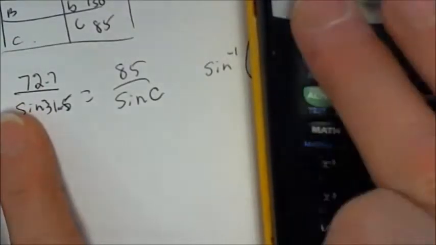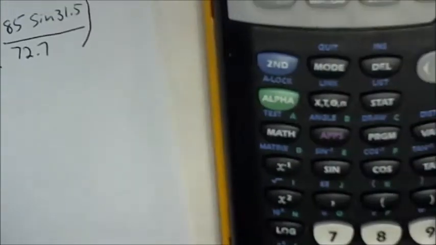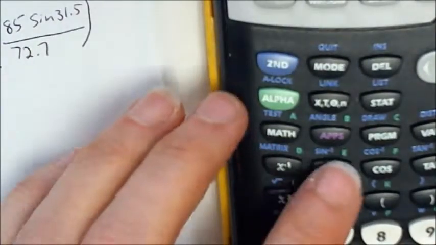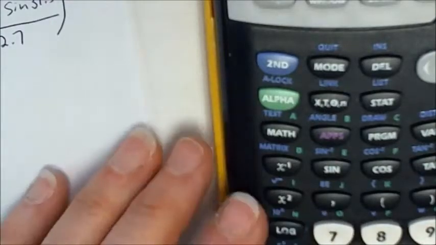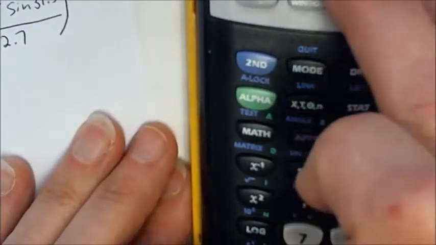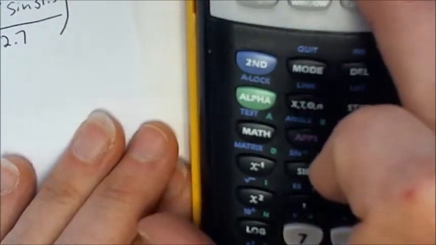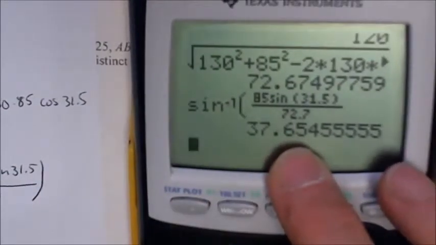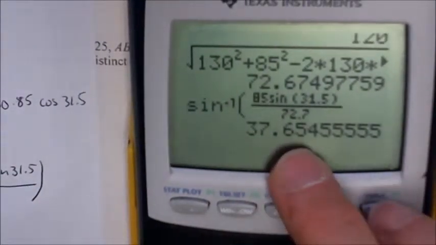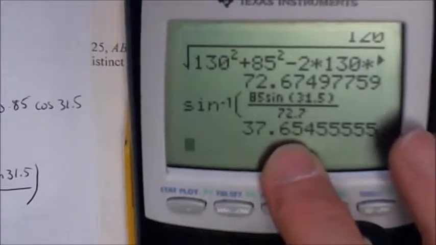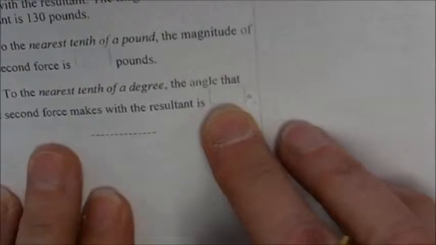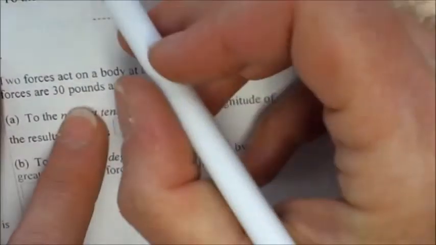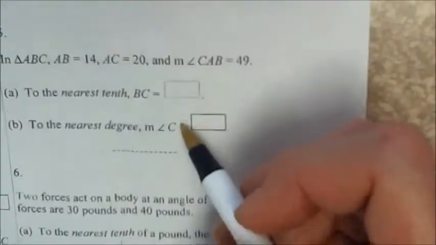Arc sine of the fraction 85 sine of 31.5 divided by 72.7, and that would be 37.7 if you rounded that to the nearest tenth. So to the nearest tenth of a degree, 37.7 degrees.